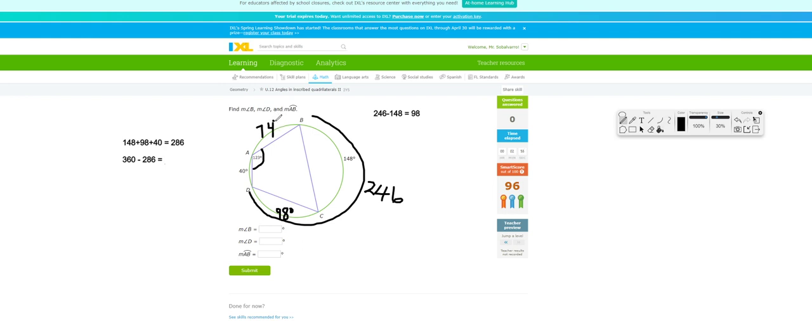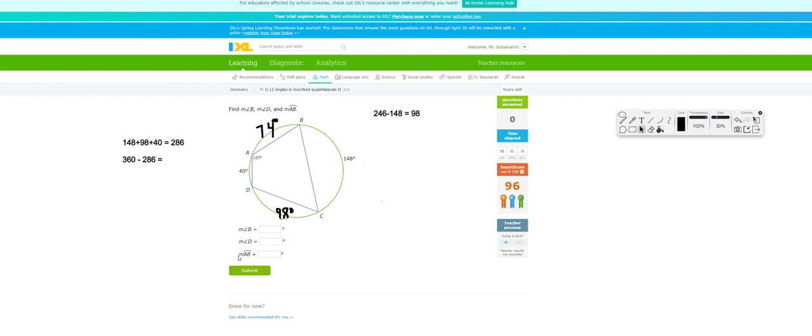Now that I have all my arcs, I can find the angles. Remember, you find the angles by dividing by 2, because every angle is an inscribed angle. So I'm going to do that now, and we'll be able to answer the questions.